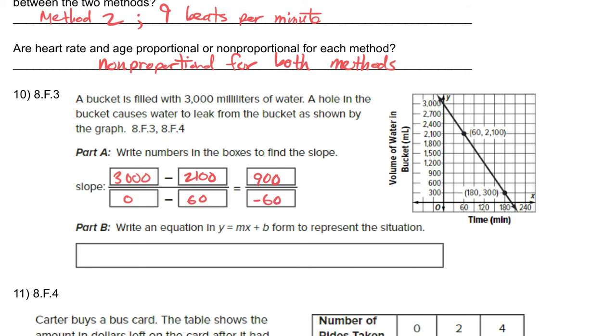So that's equal to, knock out the zeros, 90 divided by 6, which is 15. So that would be negative 15 right there. Write an equation, so it would be y equals negative 15x plus 3,000. Okay, good.